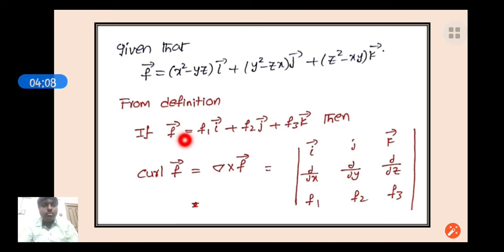From the definition of curl, f bar is equal to f1 i bar plus f2 j bar plus f3 k bar. Then curl f bar, that is del cross f bar, is equal to the determinant of i bar, j bar, k bar; dou by dou x, dou by dou y, dou by dou z; f1, f2, f3. These f1, f2, f3 are the components of i bar, j bar, k bar.